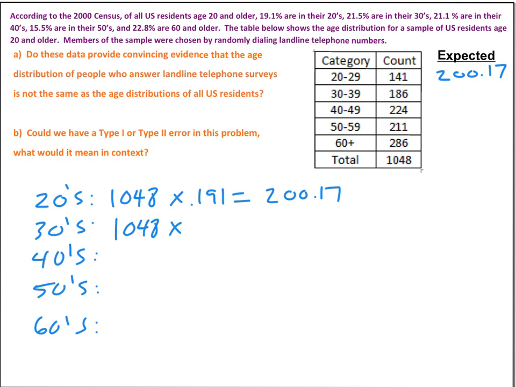Okay? But it looks like the observed count for who actually had a landline seems low, right? It's less than what we would expect if it matched the population distribution. Okay? There's the expected count for 30s.